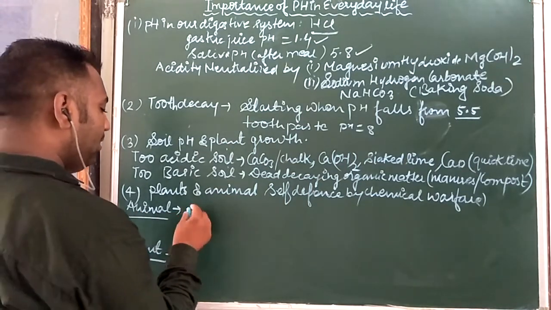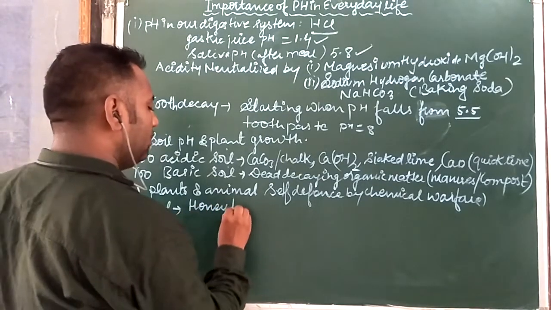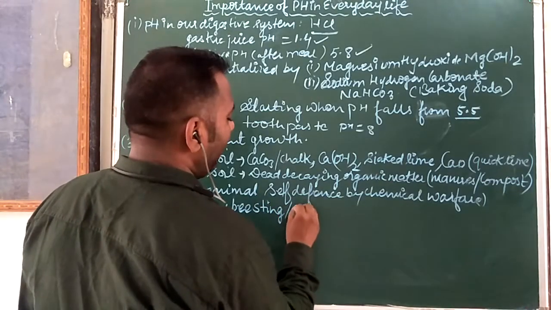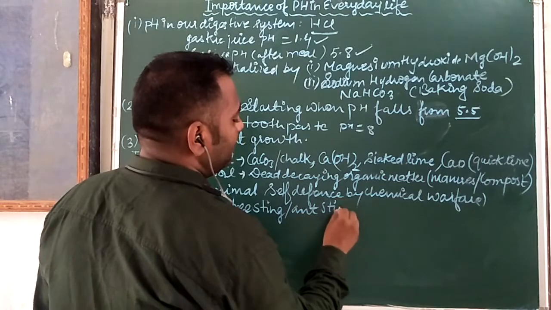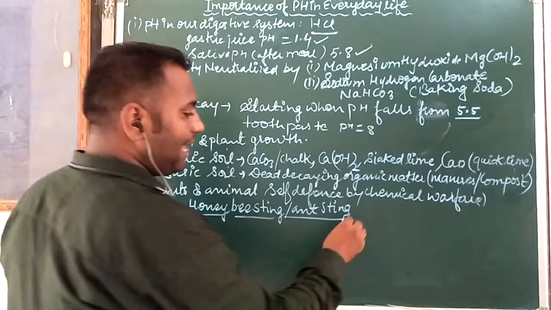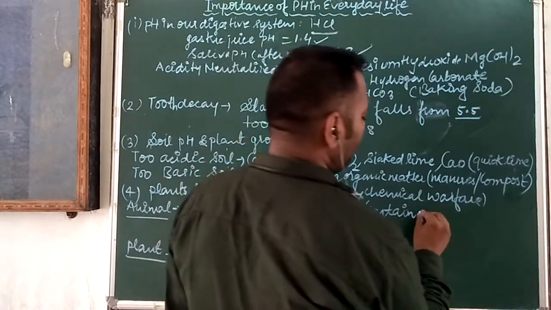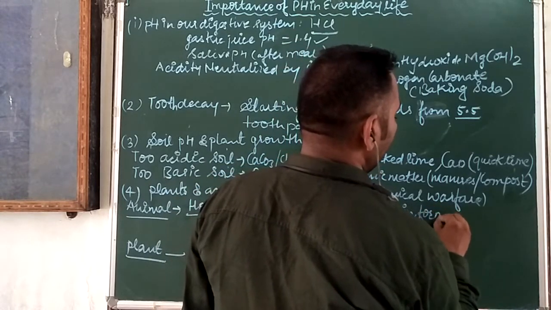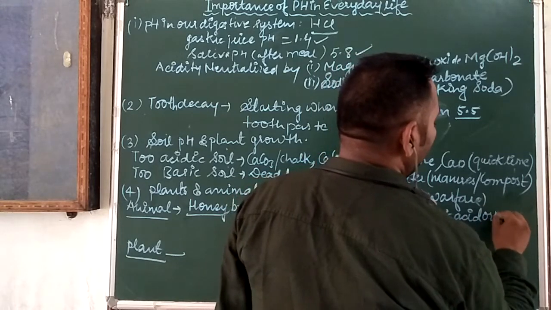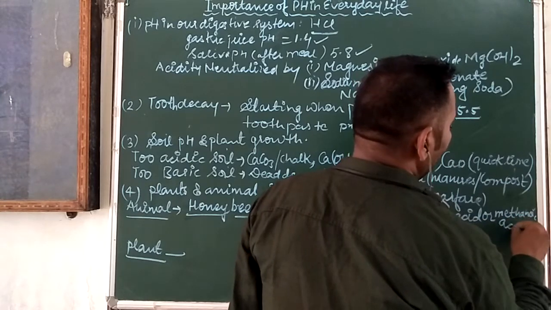Among animals we are discussing the honeybee sting or ant sting, and these two contain formic acid or methanoic acid.